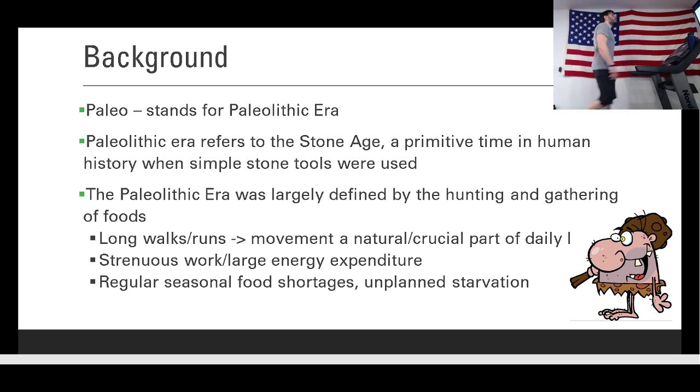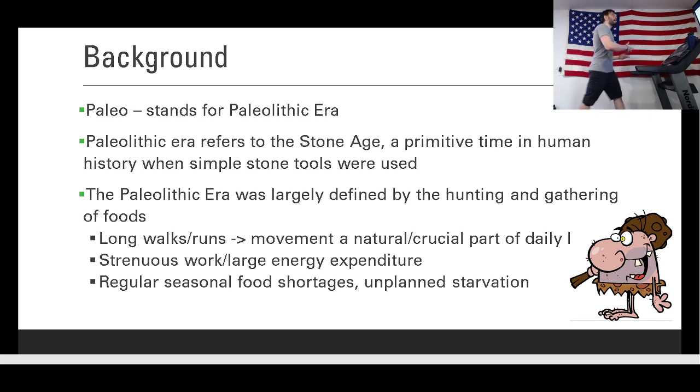And if you wanted to gather food, meaning go out and get berries off a tree, or maybe pick certain leaves or some types of roots, right? That's what we really mean by hunting and gathering.